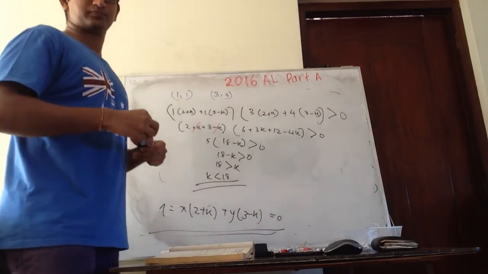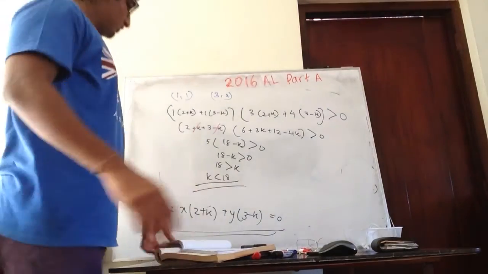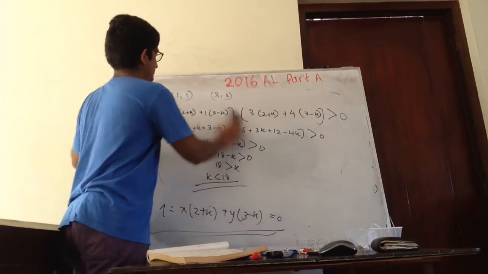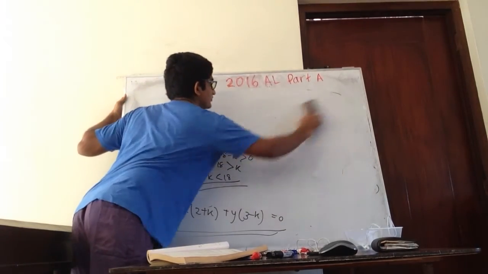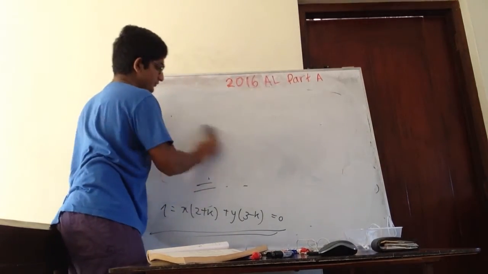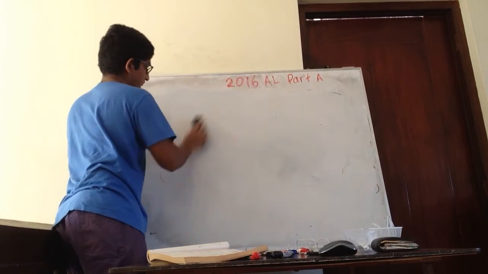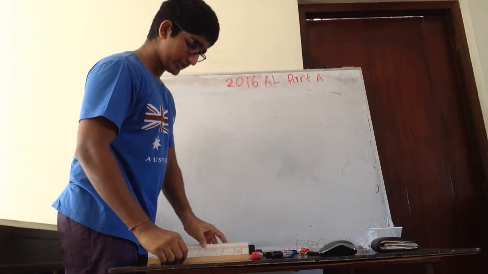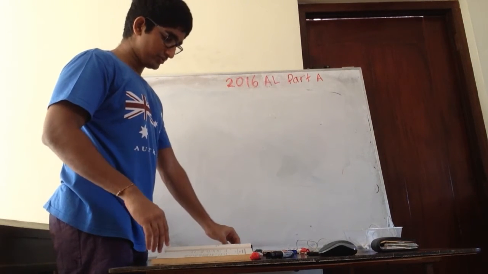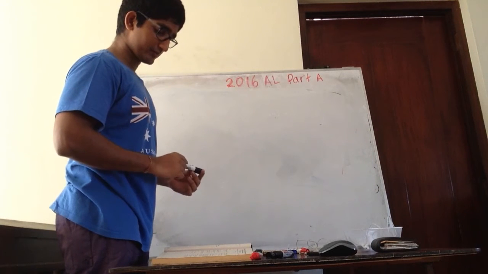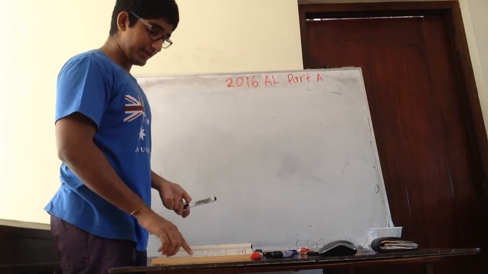Right now. So question number 9. In question number 9, they say A and B. So they have given A and B points, and S be the circle with AB as the diameter.